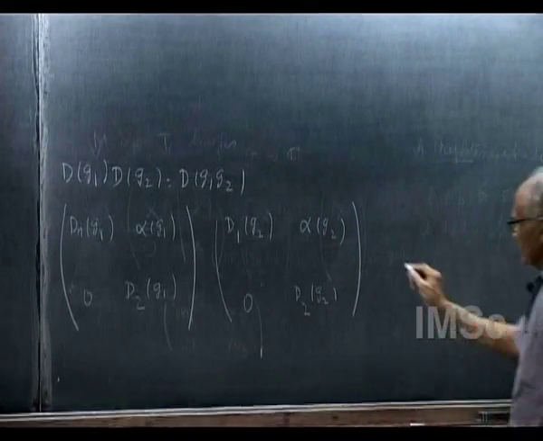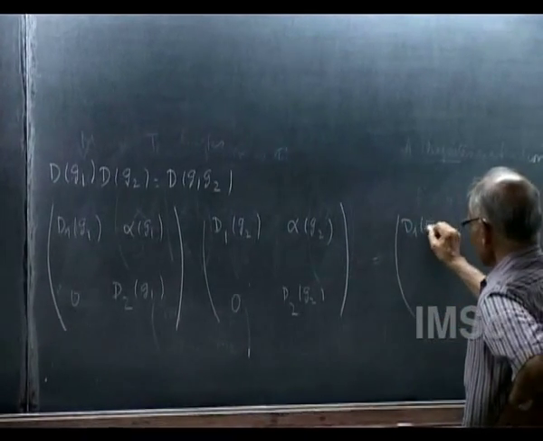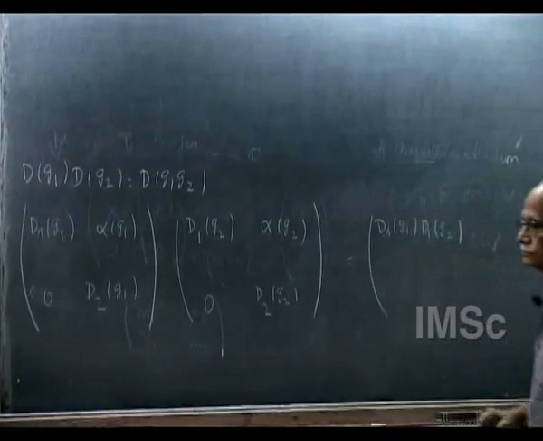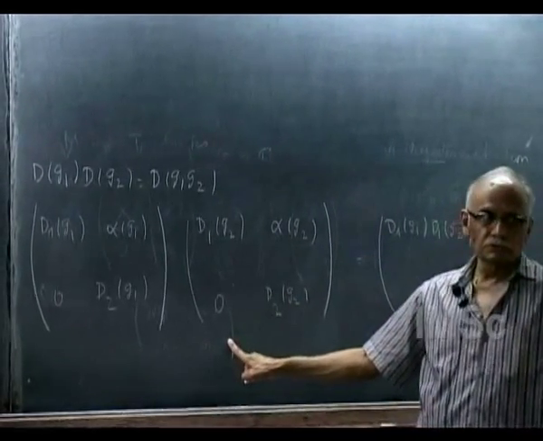Let me work it out. This is d1 g1 d1 g2, because alpha will go and hit a 0.